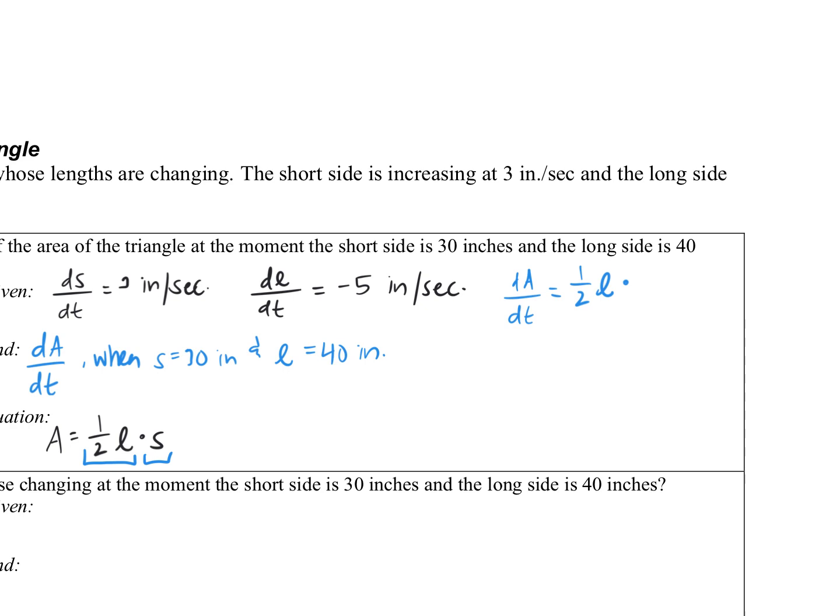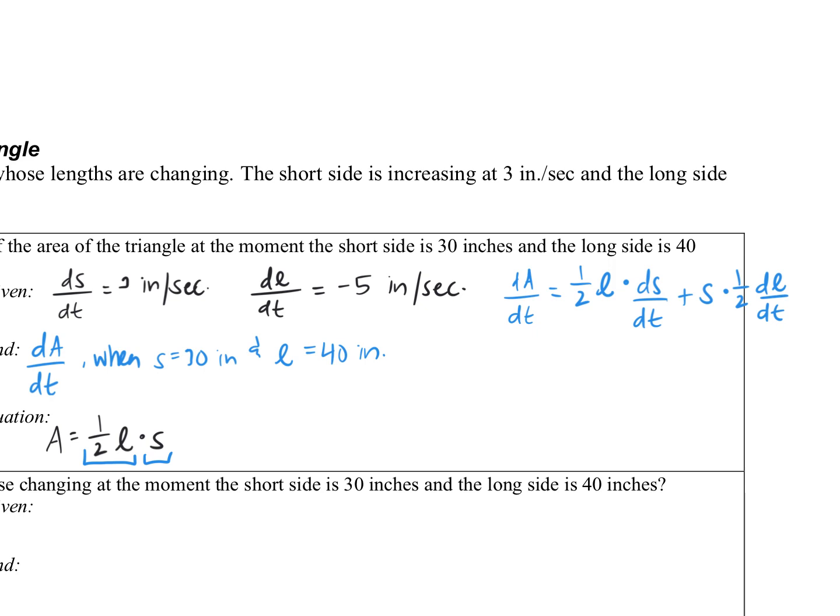Derivative of S would be dS/dt. Then I'm going to add that with the second one left alone, times the derivative of 1/2 L. What's the derivative of 1/2 L? 1/2 times dL/dt. Your order of those things could be switched, but did we all get that derivative?